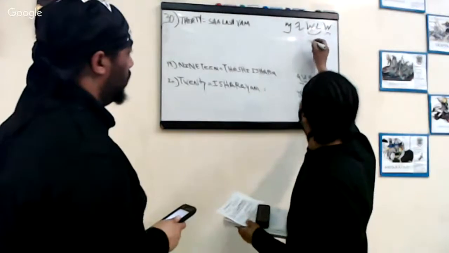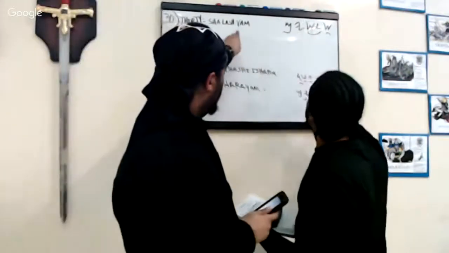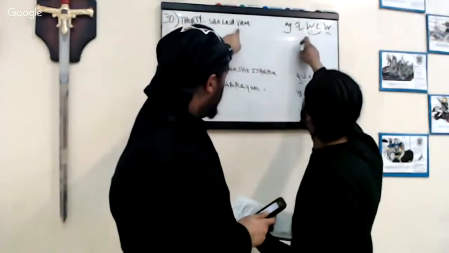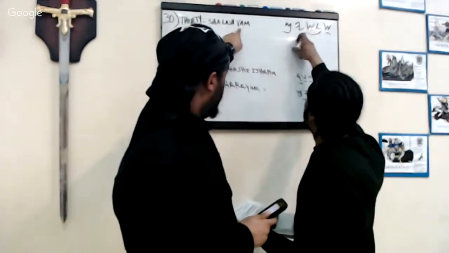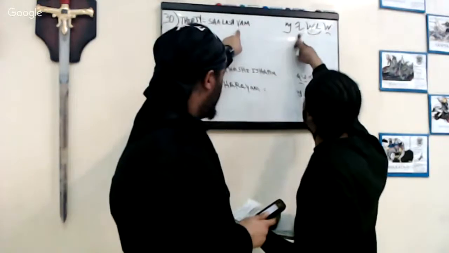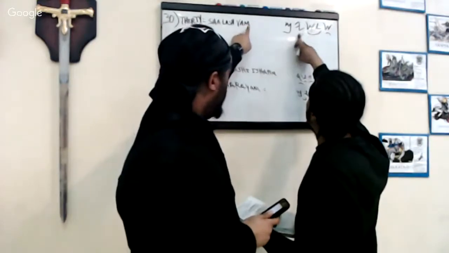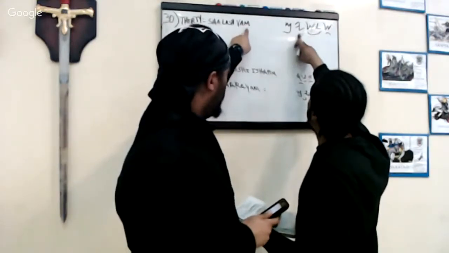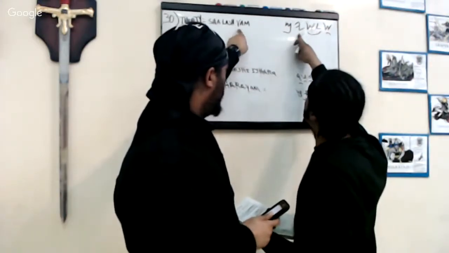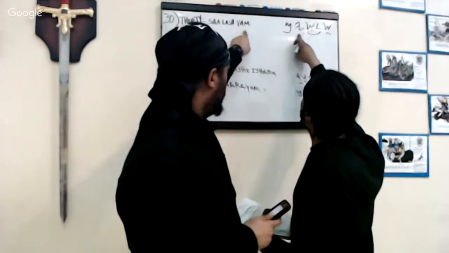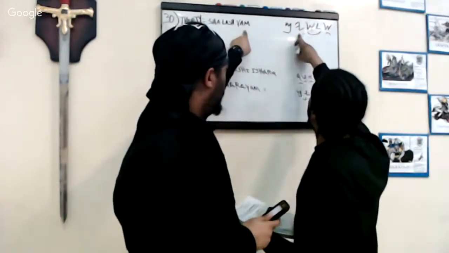Shalash. How do you say this? The Y. Yeah. And what? M. Which is what? Ma. But you drop in an A, so it becomes what? Yum.